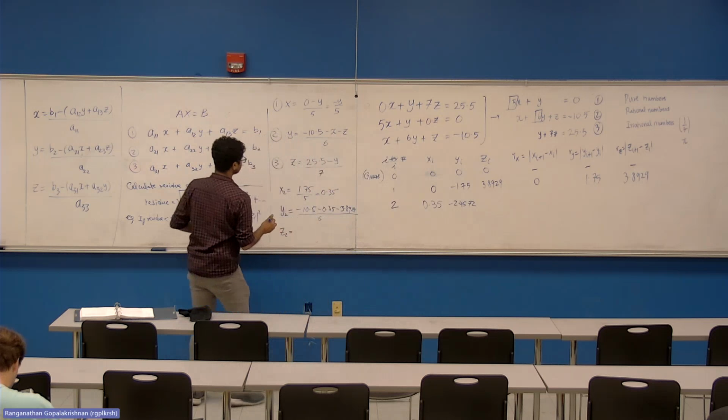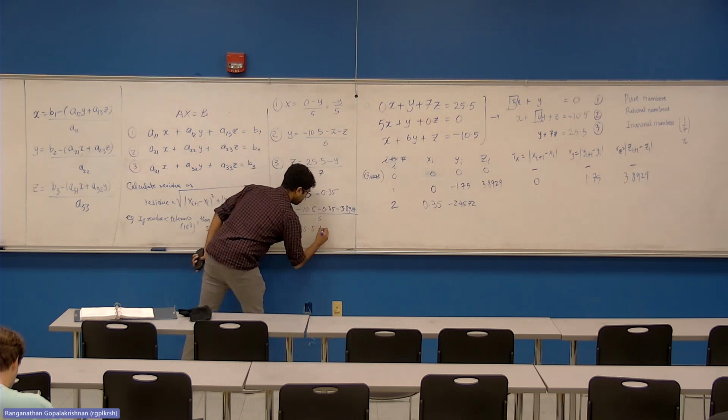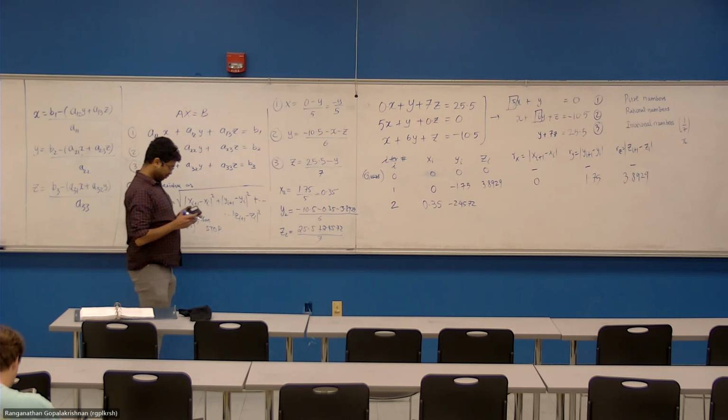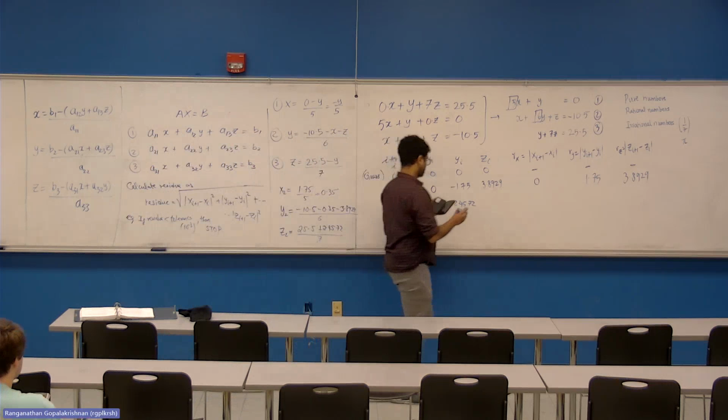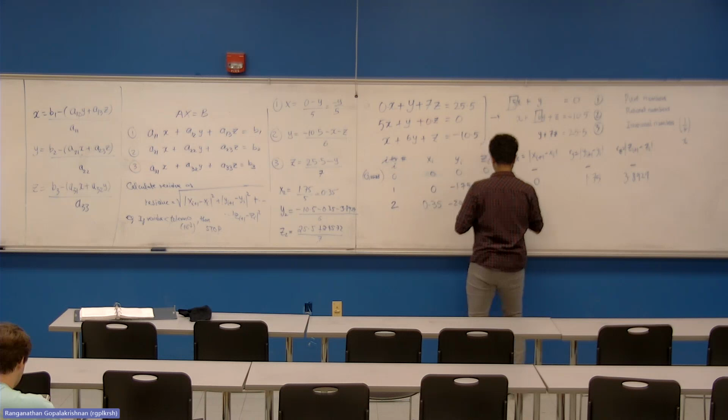Z value is 25.5 plus 2.4572 divided by 7, 3.9939.